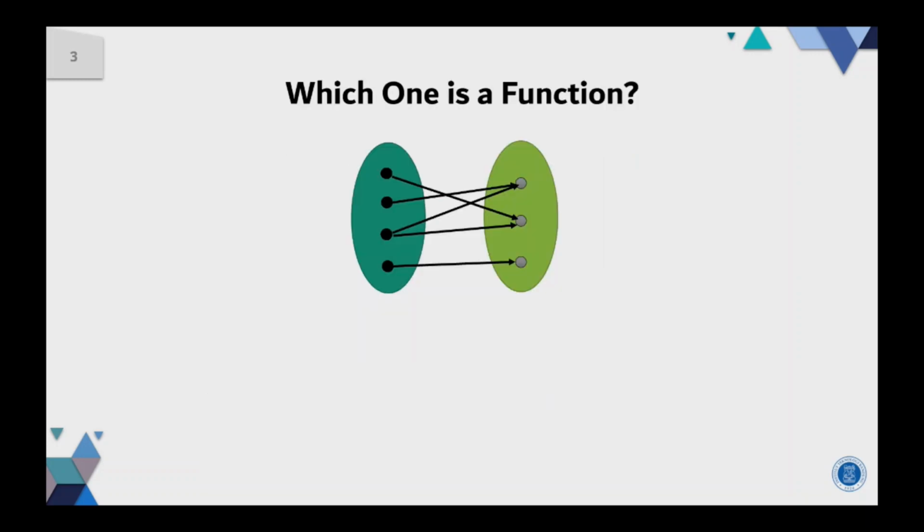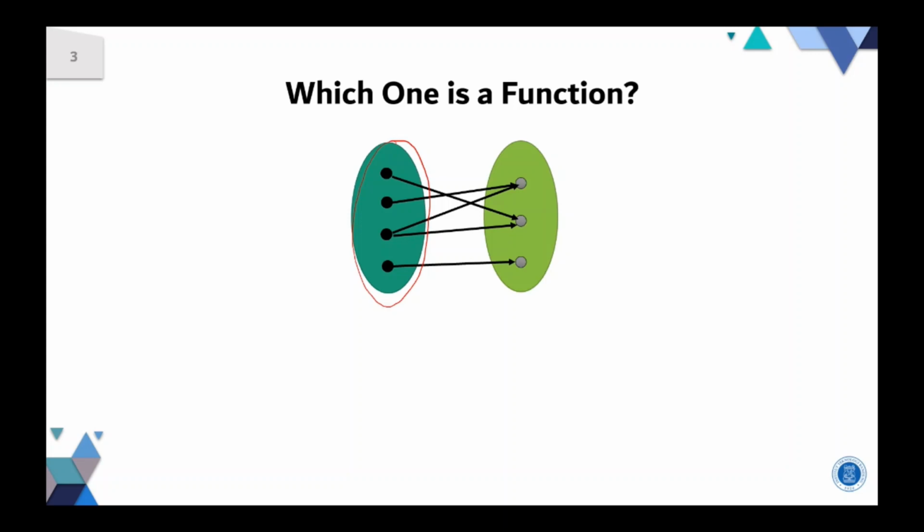Now by using that definition we can decide which one is a function and which one is not a function. Let's see this Venn diagram. Is this one a function? Well, we can see here we have two sets, and everything in the first set, or what we call set A, is being assigned. So that's one property being checked.